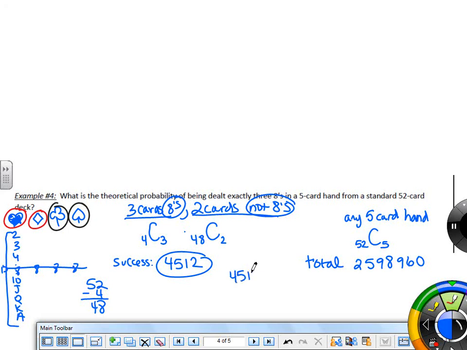So the probability is going to look something like this. My successes over my total, and I know these are large numbers. I can see that they're both even though, so I'll try to reduce it a little bit. They're both divisible by 4, so when I divide by 4, here's what I get.